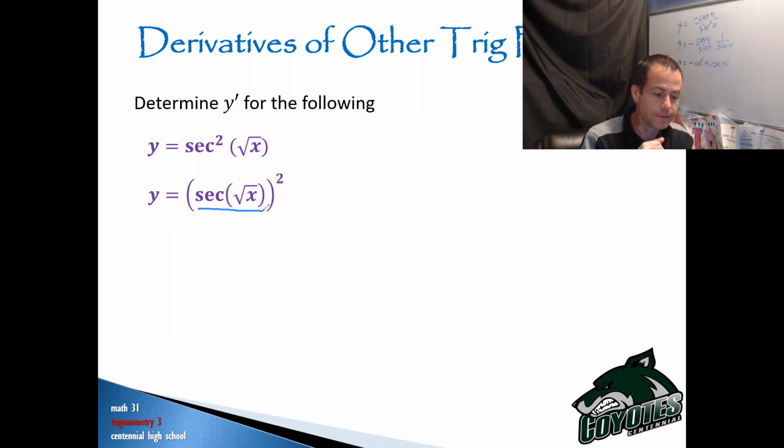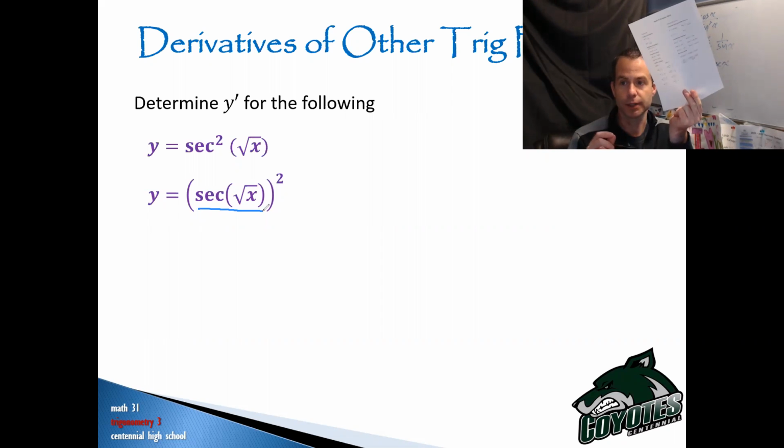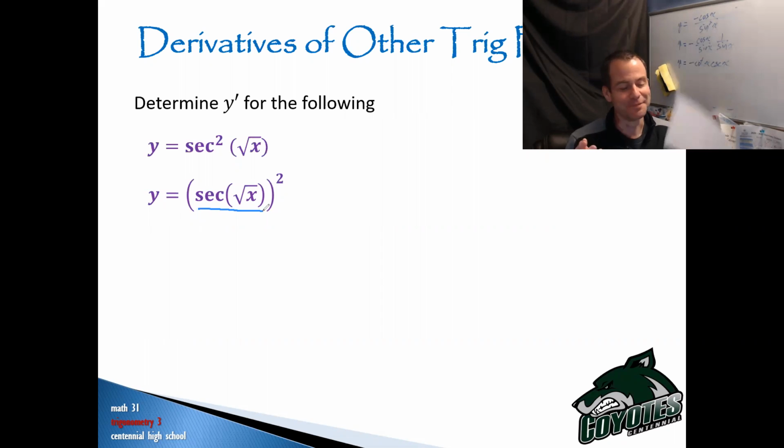I'm just reading the derivative directly off the formula sheet. The derivative of secant x is secant x tan x. So the derivative of secant root x would be secant root x tan root x.